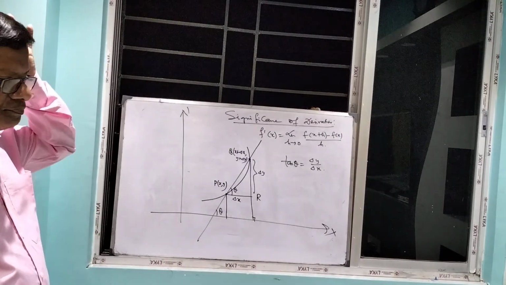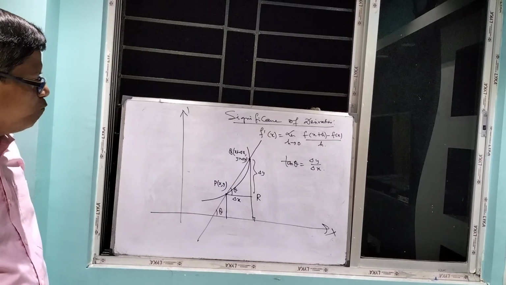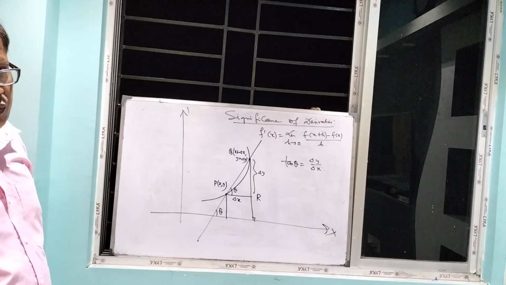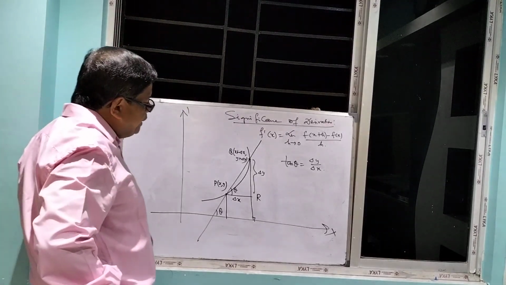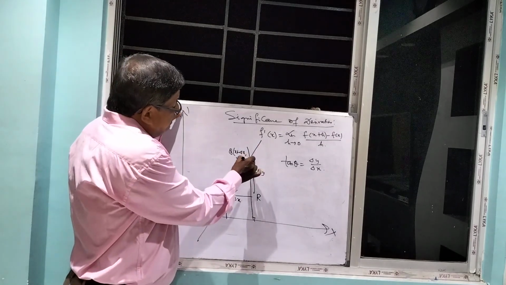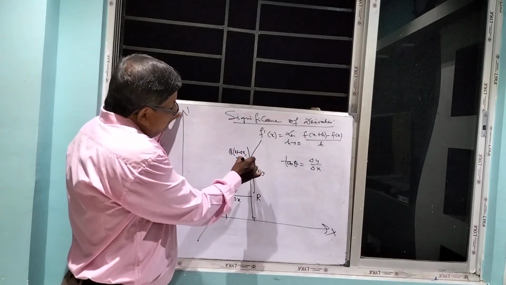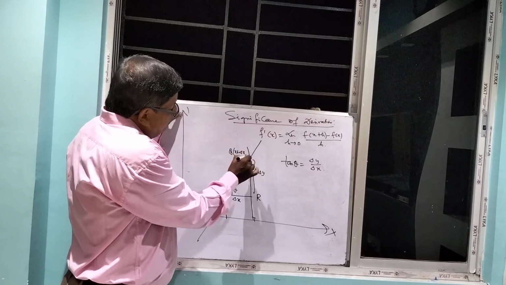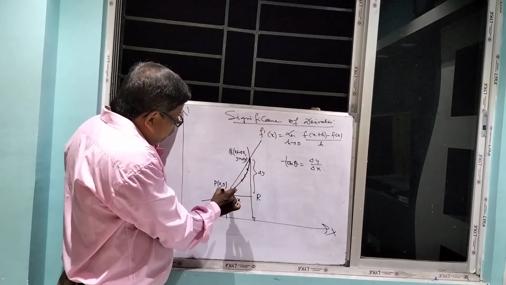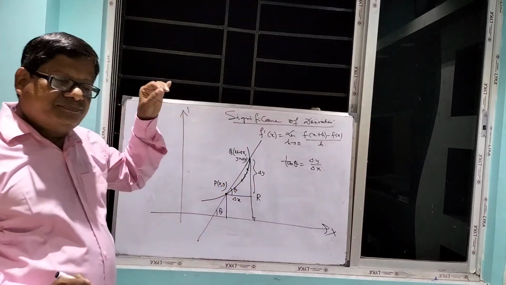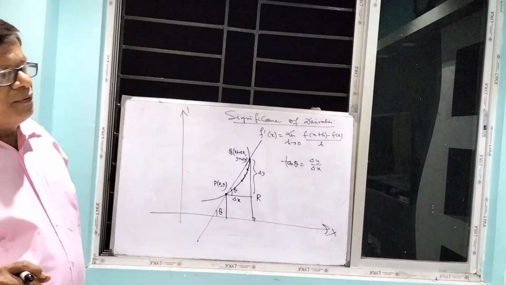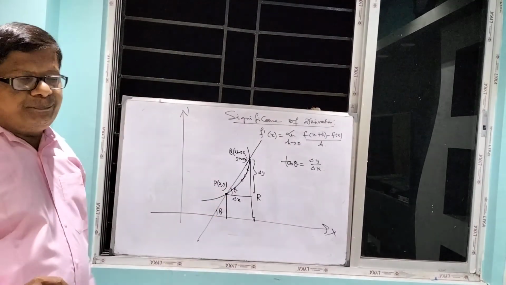Now if delta x tends to 0, that means the point Q moves towards the point P, the point x plus delta x moves like that.